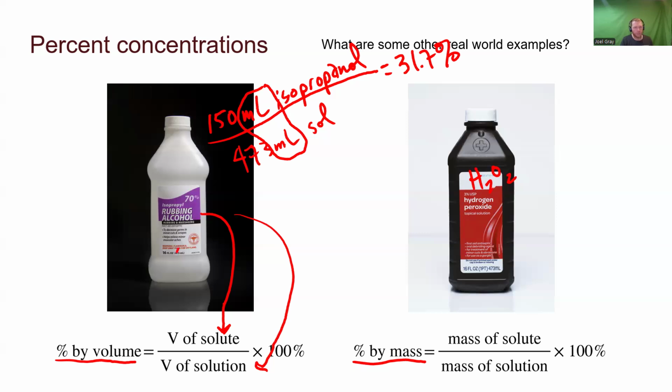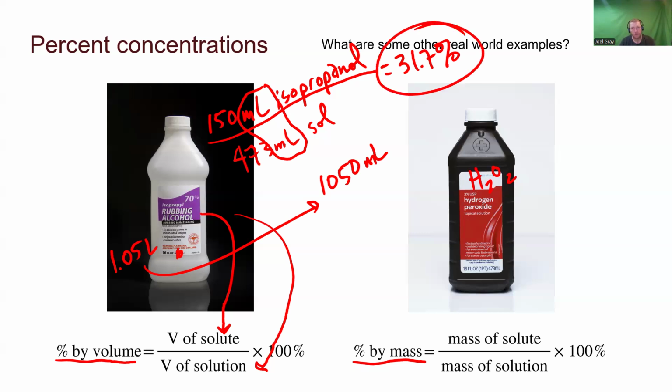If the bottle said 1.05 liters instead, I would have to convert that to 1,050 milliliters. And that's a fantastic question, DDA: this does not have to be in liters because we're reporting this in percentages.